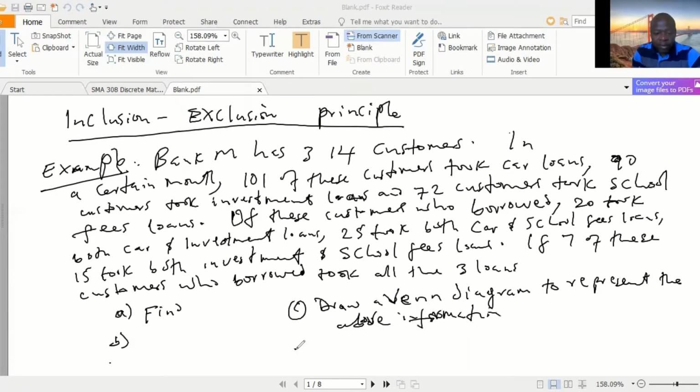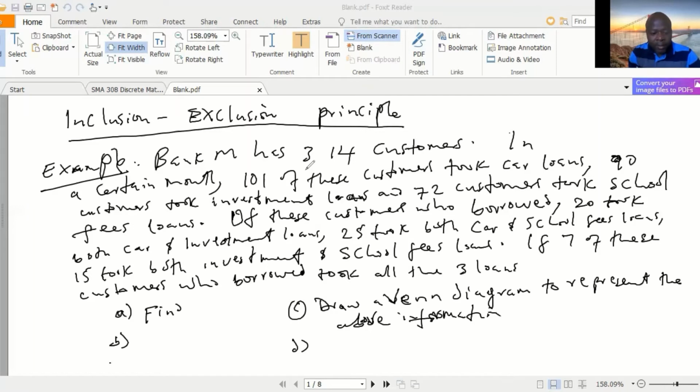And then D, how many customers took only car loans, only investment loan, and those who took only school fees loan? So that's the question that I want to answer. So I hope you've noted question A properly and question B properly and then question D properly and C, so that we now try to answer the questions.